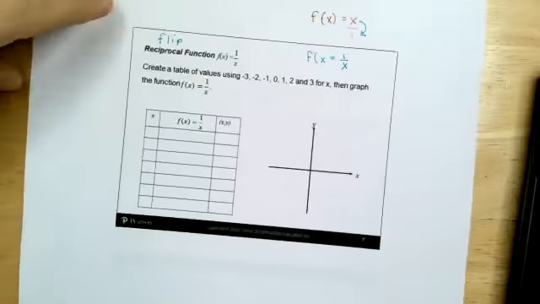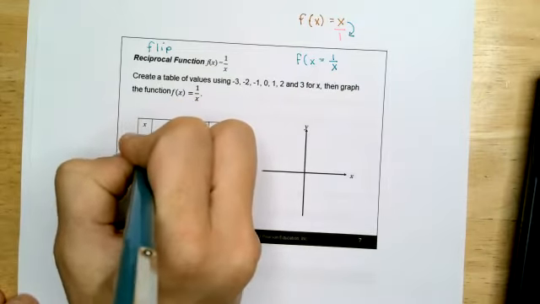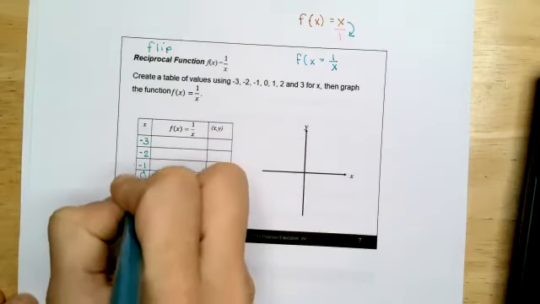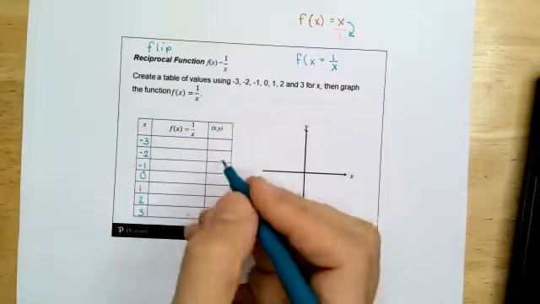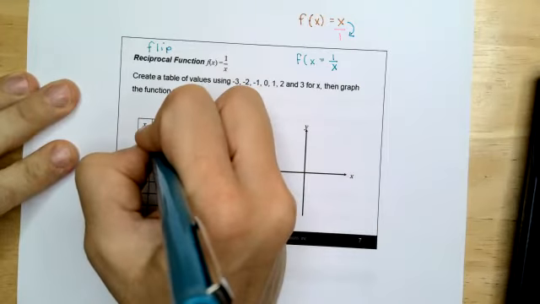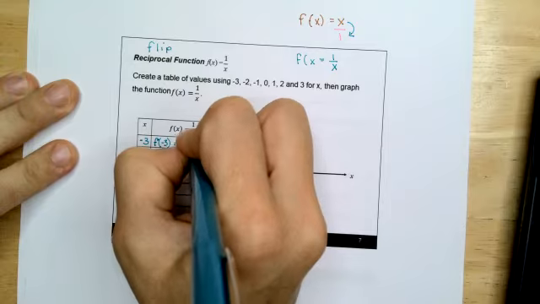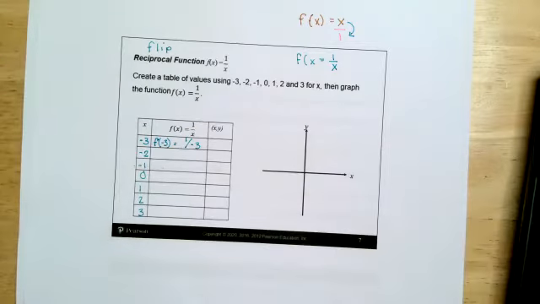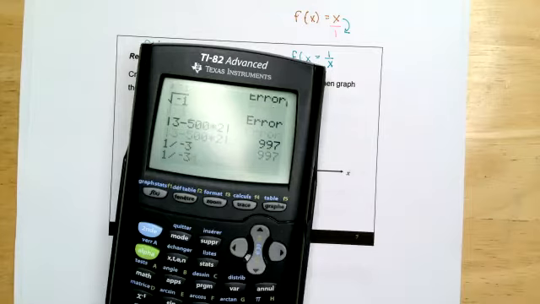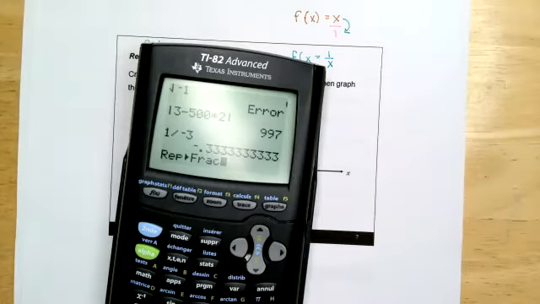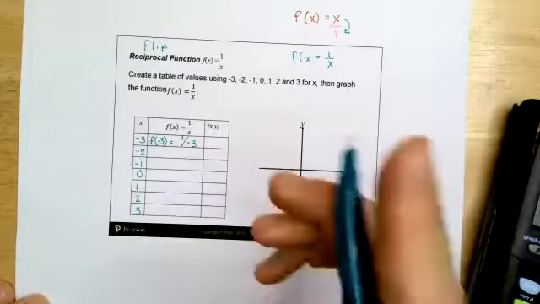Again, we'll use the same terms. So they gave us more: -3, -2, -1, 0, 1, 2, 3. Good? Okay. So when x is -3, that means I'm dividing 1 by -3, right? 1 divided by -3 is just -1/3, which is the fraction 0.33333, right?